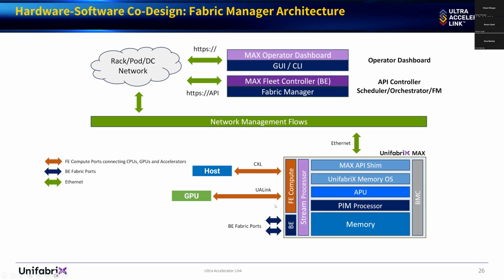And the memory from one memory pool or memory switch can be exposed dynamically to these. If we have multiple of these memory switches, the fabric manager controls them all and eventually creates a uniform memory topology, which is controlled by the fabric manager.